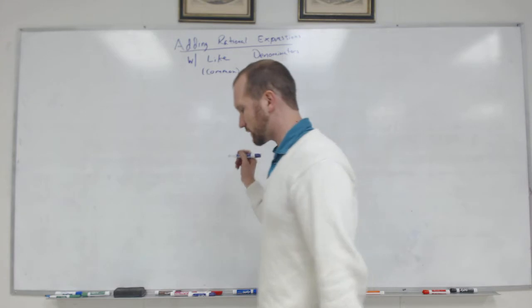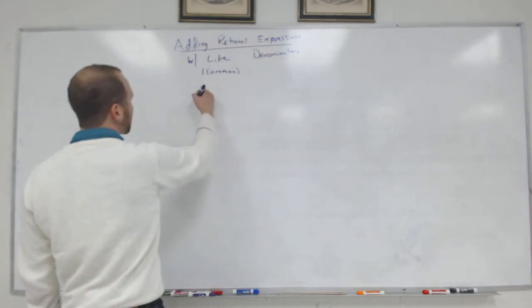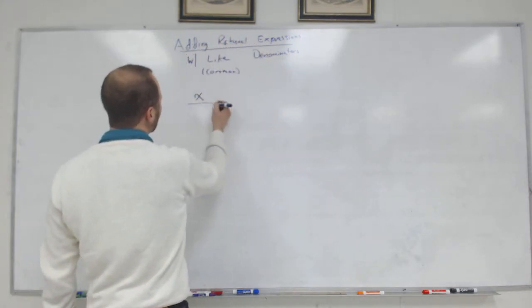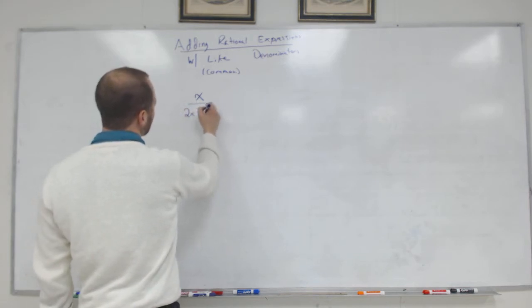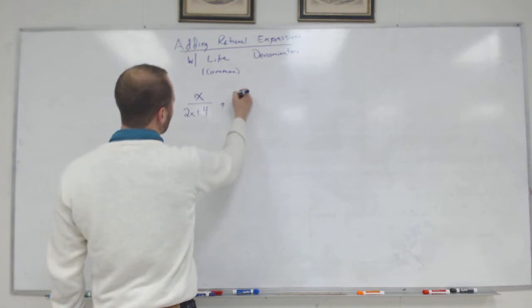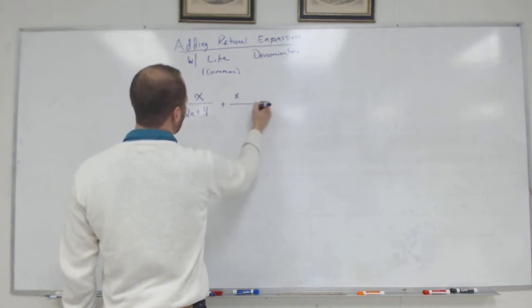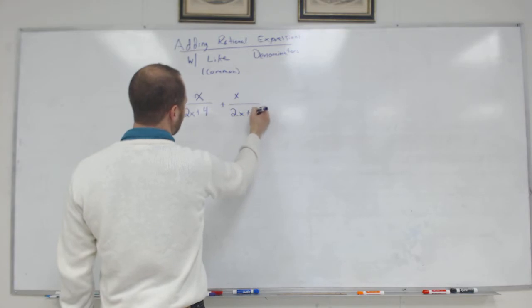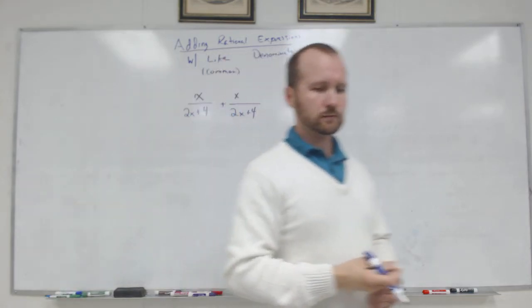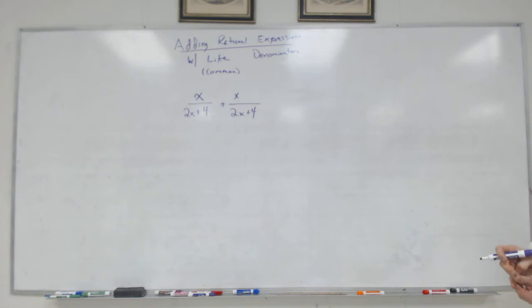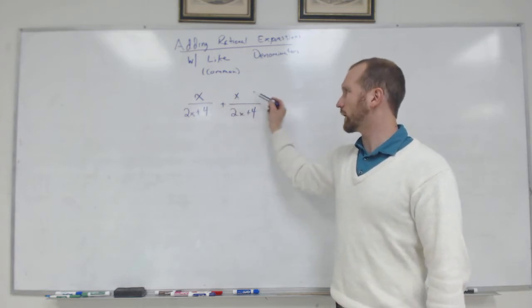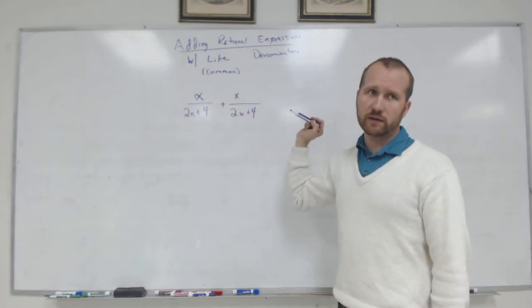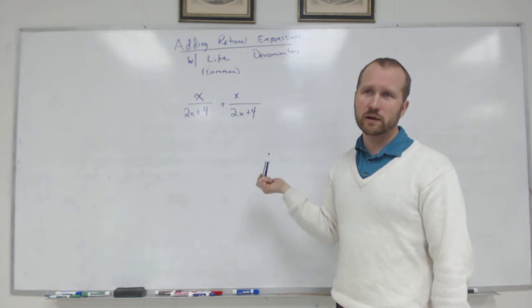So let's start out with just a really simple example. Let's say I had something like this: x over 2x plus 4 plus x over 2x plus 4. So the first thing I'm going to look for in these is if there's anything that I can cancel before I start. If there's anything that I can simplify before I start.